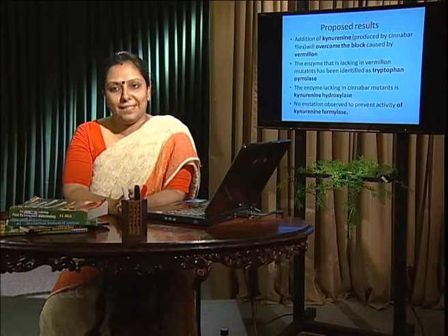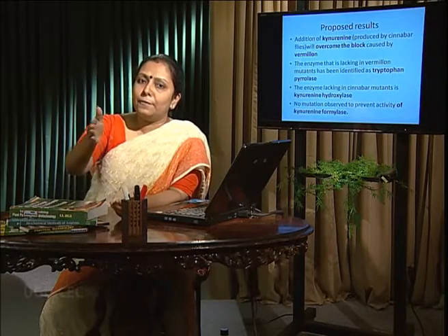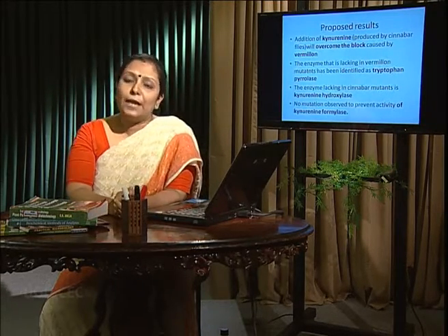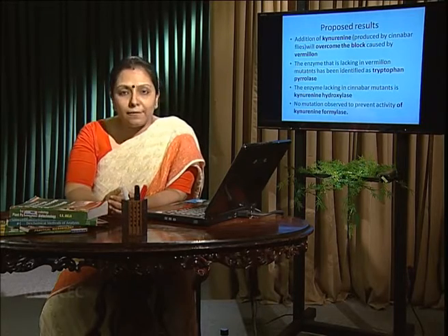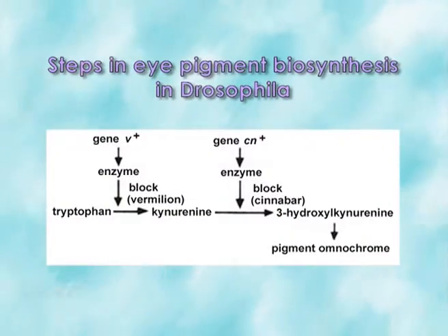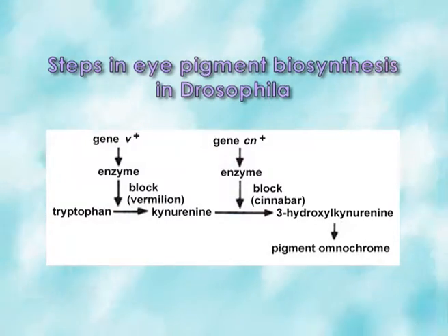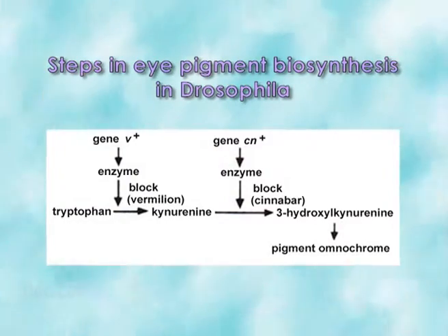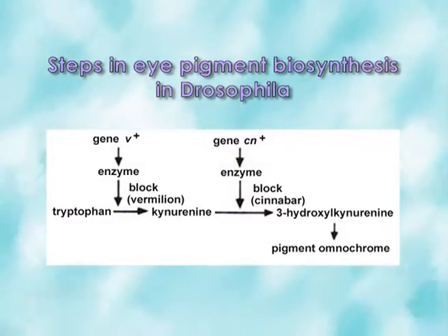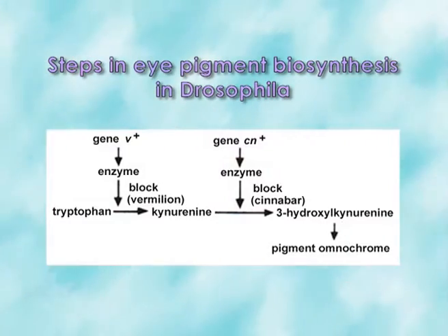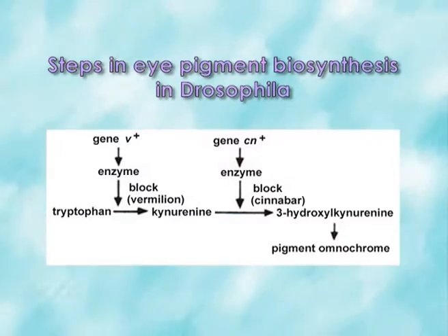Now the proposed result. So there is a pathway. Before going into the pathway, we have to know how this pathway was developed. From tryptophan, actually kynurenine is produced. It was observed in cinnabar mutants that the block was gone if kynurenine is given.